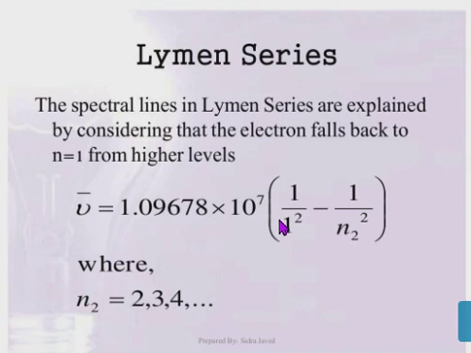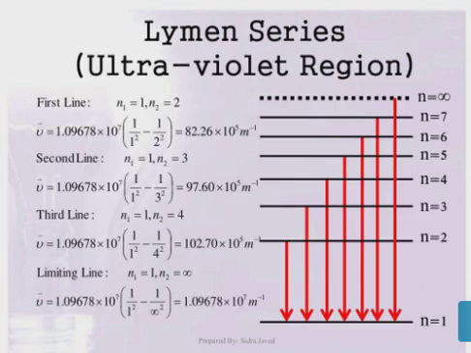First we will discuss the Lyman series. The spectral lines in the Lyman series are explained by electrons falling back to the ground state from any excited level. Basically it is in the ultraviolet region.